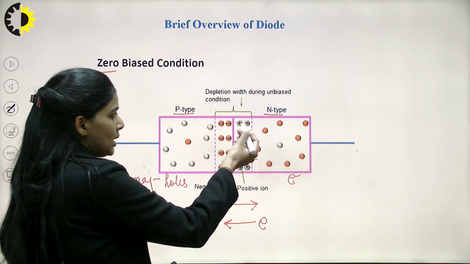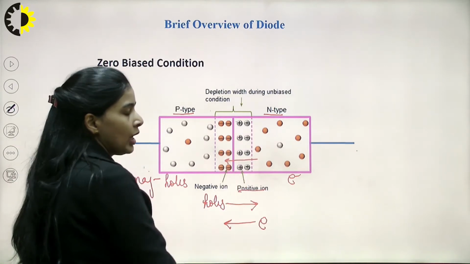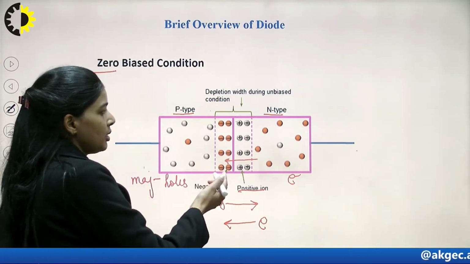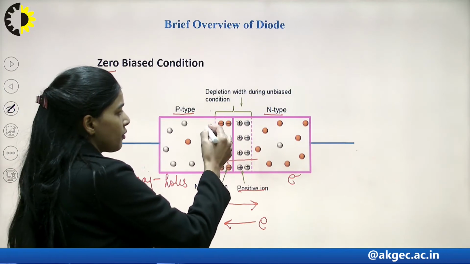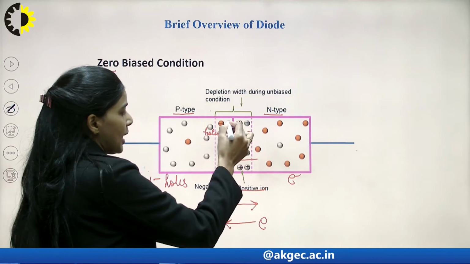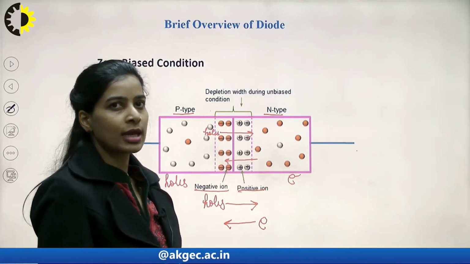Here you can see the positive charges representing the positive immobile ions. Similarly, on the P side, when a hole moves from the P side to the N side, it leaves behind a negative immobile ion at the surface.